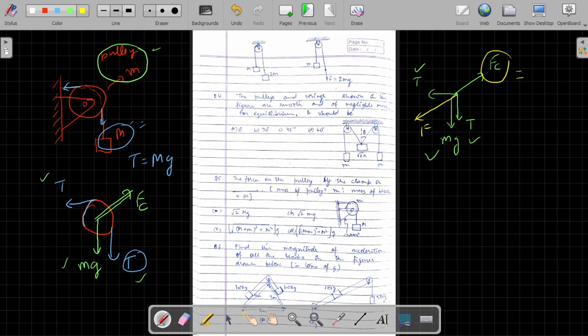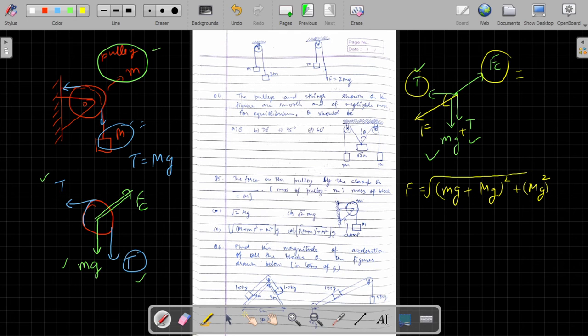Combining mg plus T, these two forces should be combined by Pythagoras theorem. So F should be equal to the square root of capital Mg squared plus capital Mg, which is this T, squared.